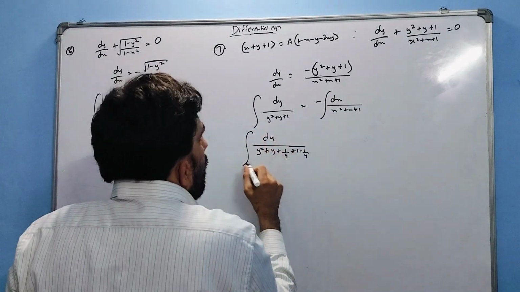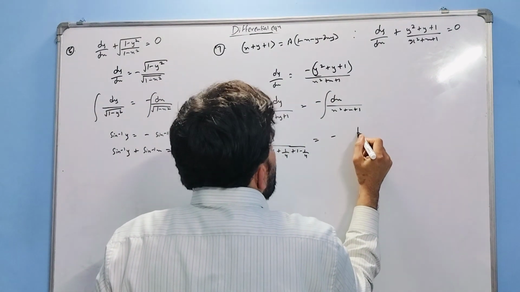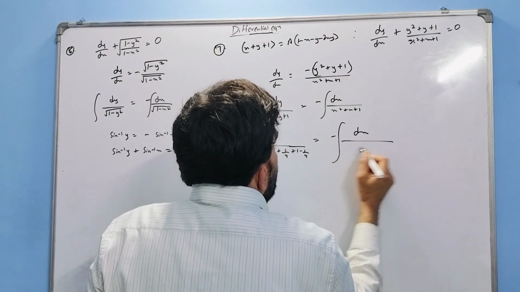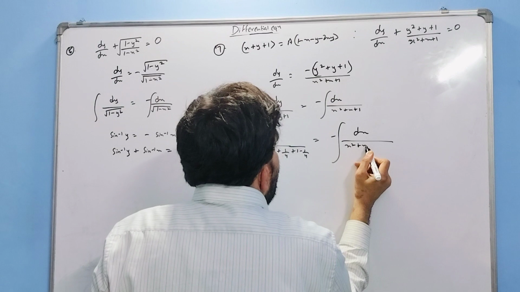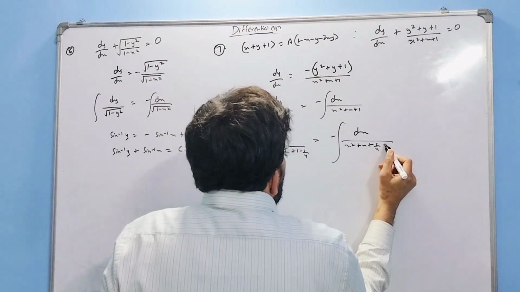Here also we do the same thing: x square plus x plus 1 upon 4, plus 1 minus 1 upon 4.